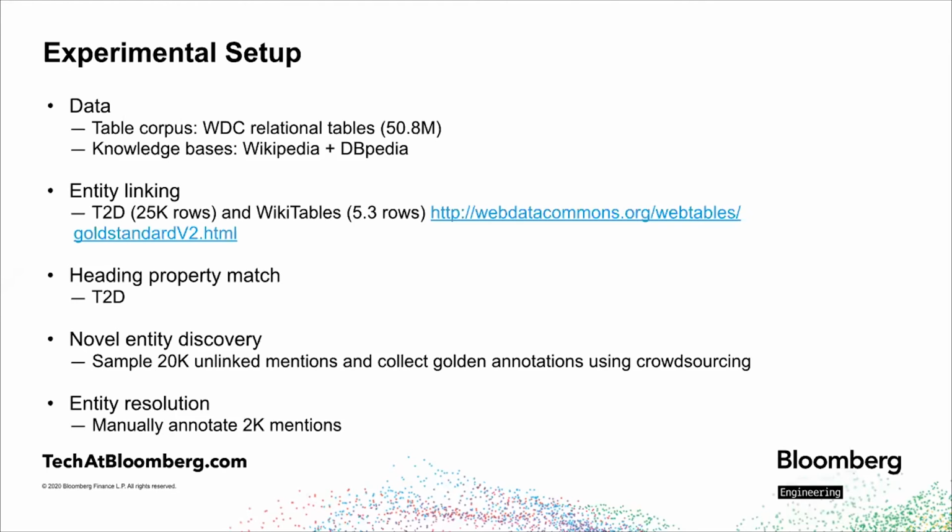If you are interested in linking web tables and you want to use T2K, you might need to do some extra work, because the tables here on average have 26 rows, which is much larger than T2K. For Wikipedia, for example, the average number of rows is like 6 or 7, I guess. And larger tables are easier to link. That's why, if you want to do a fair job in future, you might need to extend T2K. Also, compared to WikiTables or T2K, linking for Wikipedia tables is much easier compared to web tables. For the remaining two tasks, we built our own test collection using crowdsourcing.